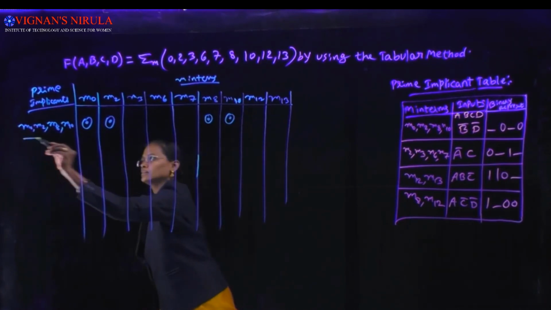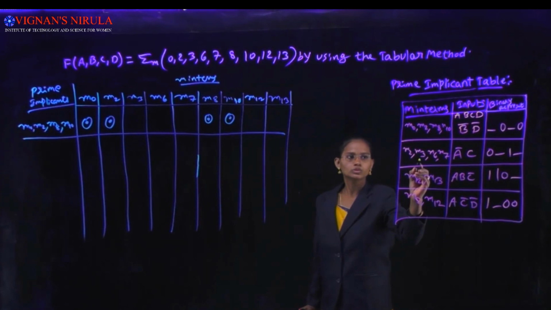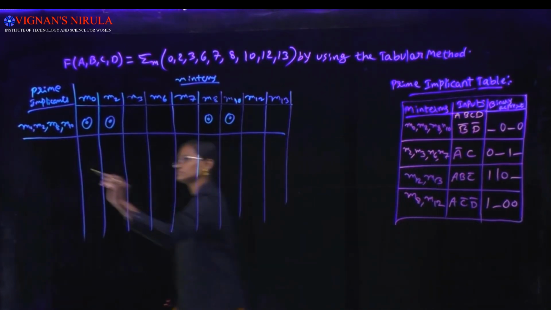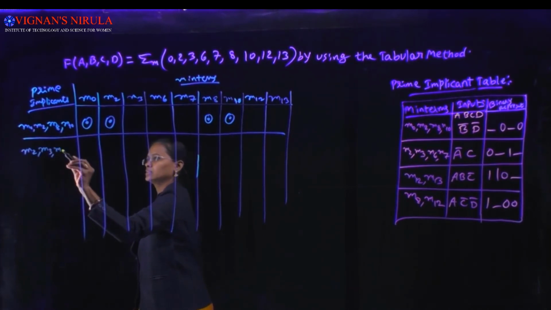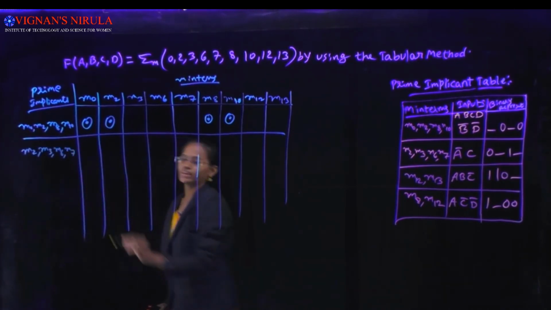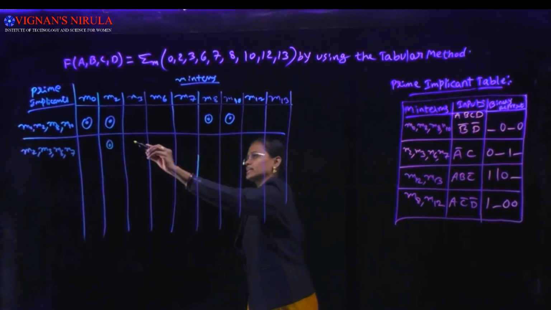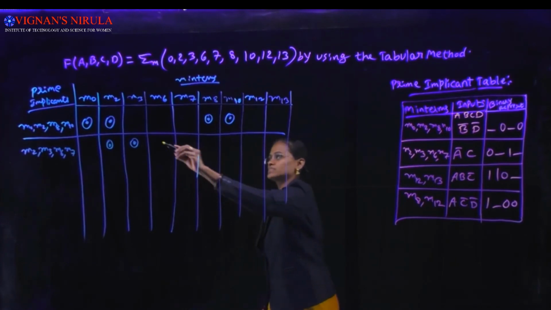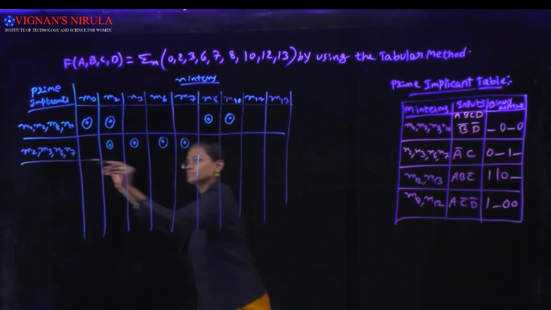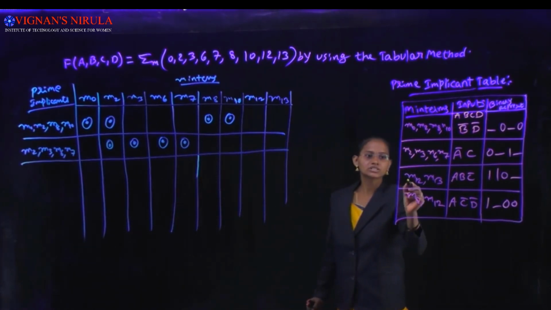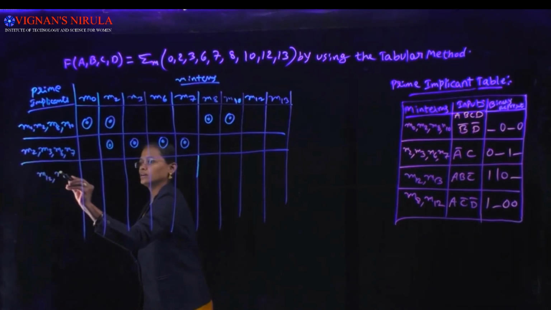This is one group. And next M2, M3, M6 and M7. M2 is here, M3 is here, next M6 and M7. This is one group, and next group is M12 and M13.